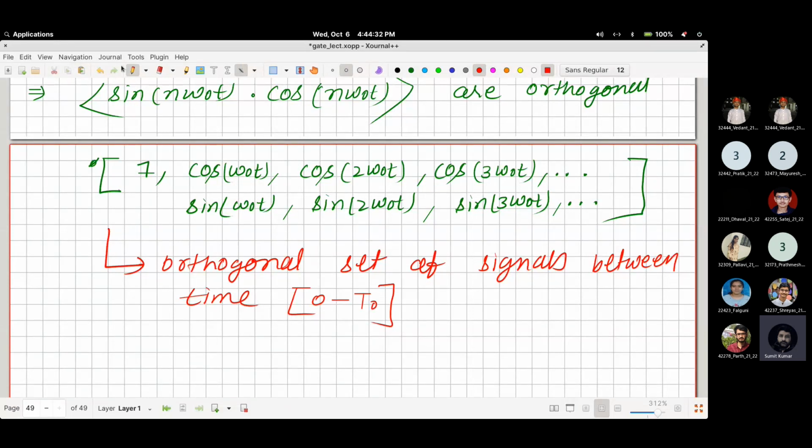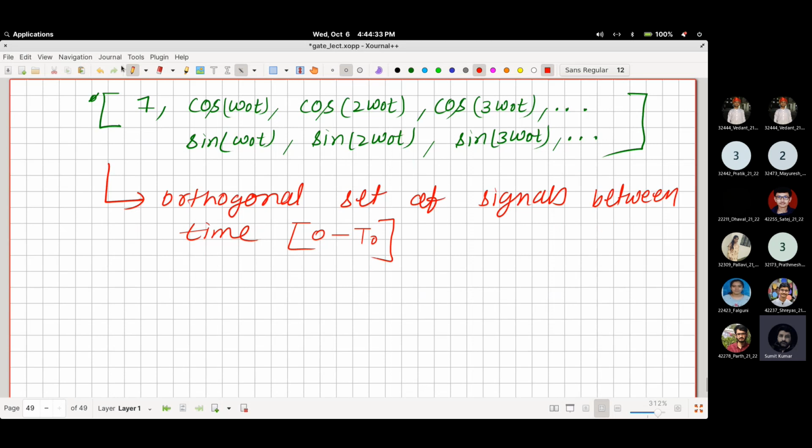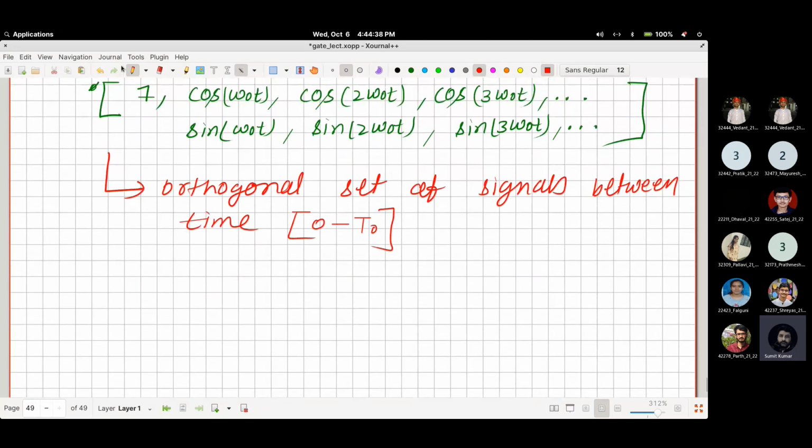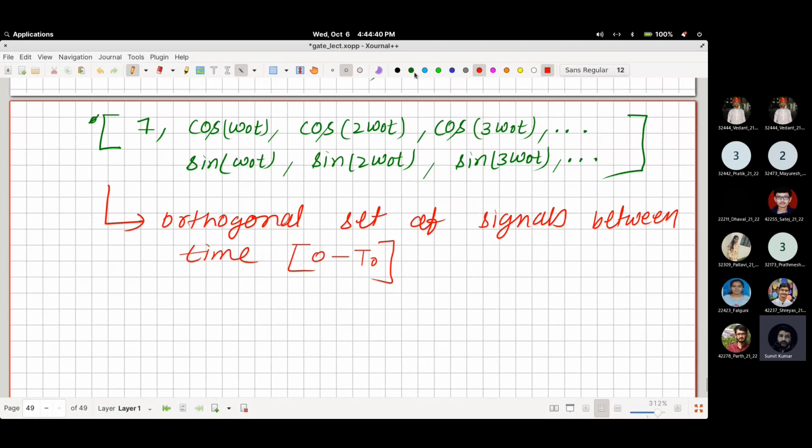Even so, if we have any function that is defined, what does this basically mean? That we have an orthogonal basis set of vectors, isn't it? It means we have our basis vectors.